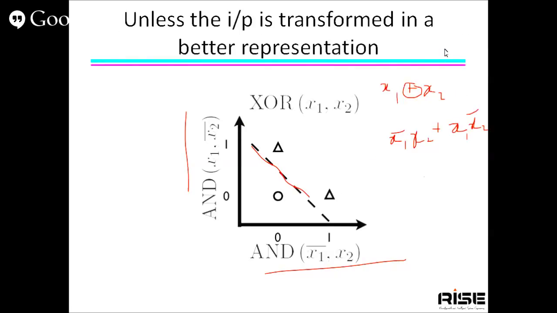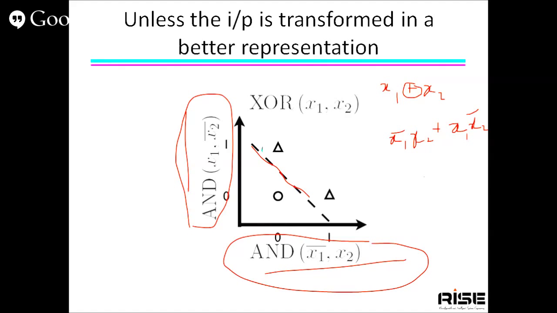So this is the idea by Hinton: you modify the input features and give them as input to the perceptron. That is going to give you the correct answer for the XOR problem. In other words, what he suggests is to use a single perceptron to do this AND, and we know AND is linear, another perceptron for this AND, then a third perceptron to do the XOR.